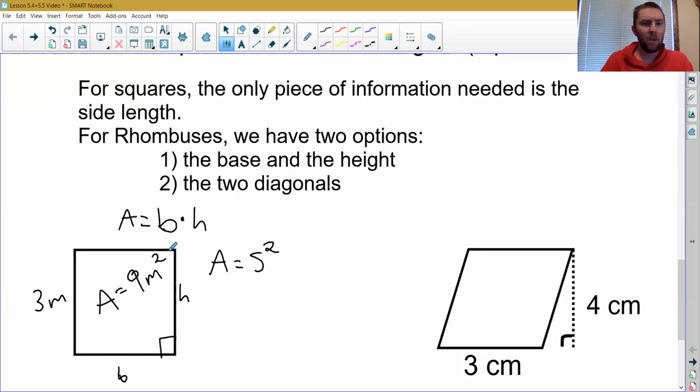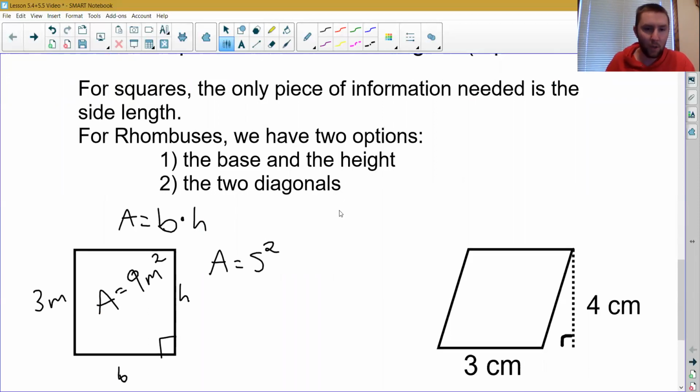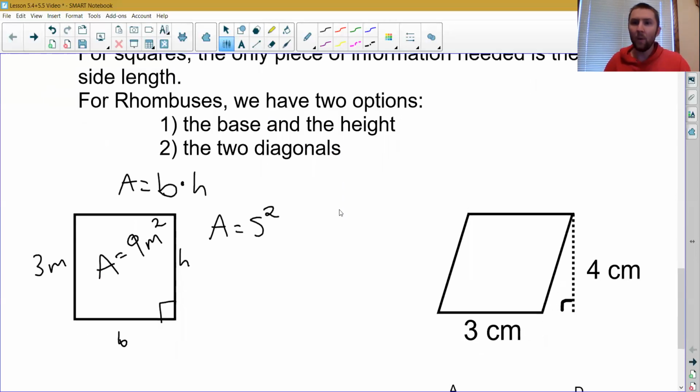So when we find the area of a square, as long as we know a side length, we don't need any other information. We can just do that side length squared, or that side length multiplied by itself. And then remember that we have squared units. Now, when it comes to rhombuses and their areas, as I mentioned, we have two different options for how we find the area.